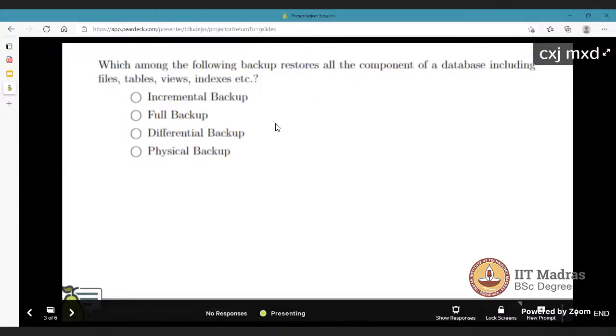So let's head to the next question. It says, which among the following backups restores all the components of a database, including files, tables, views, indexes, etc.? You can answer. We'll wait for some time for all of you to answer.